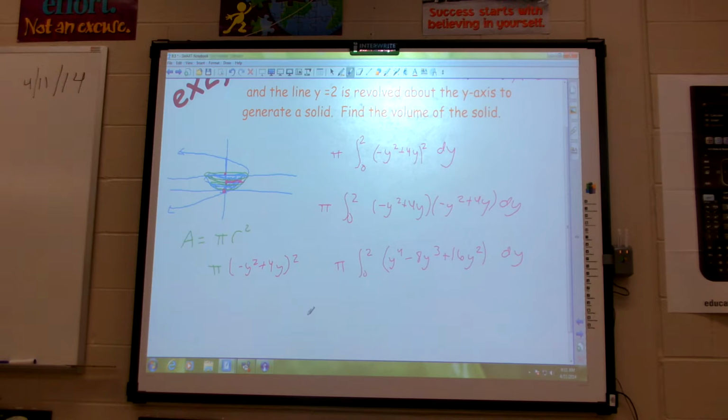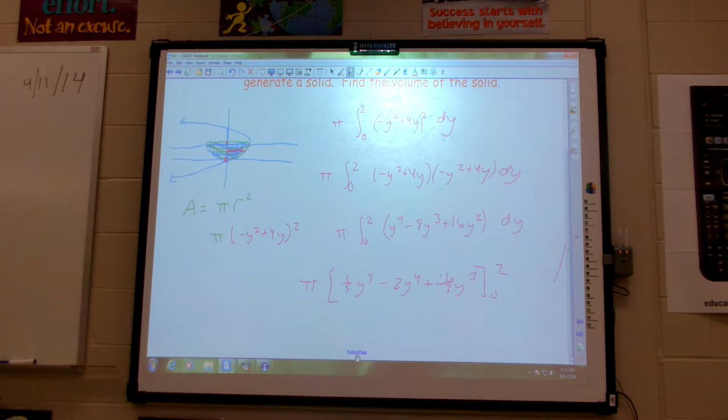So now the antiderivative is what? 1/5 y to the fifth, minus 2y to the fourth, plus 16 thirds y cubed. Value from 0 to 2. Okay.